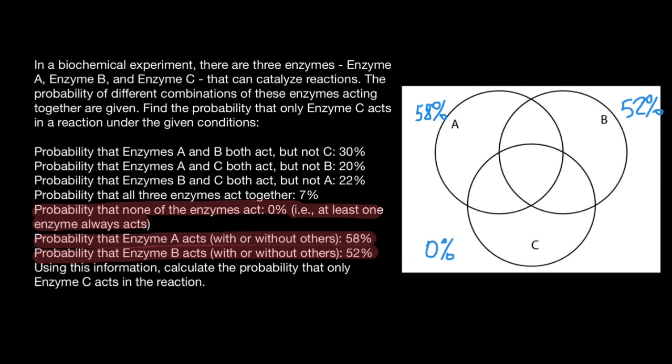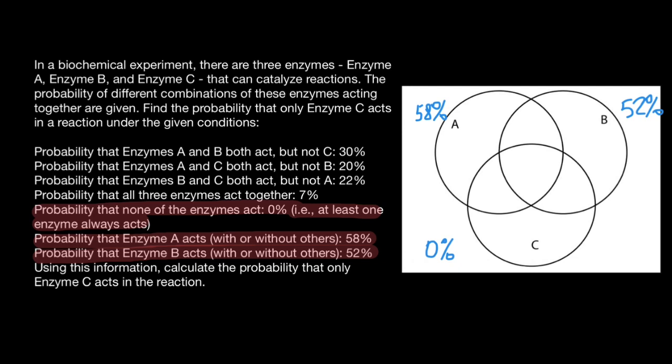So it belongs to this complement of the circle A, B, and C. So basically belongs to everything outside these three circles. And 58 belong to the circle A, and 52 belong to the circle B.